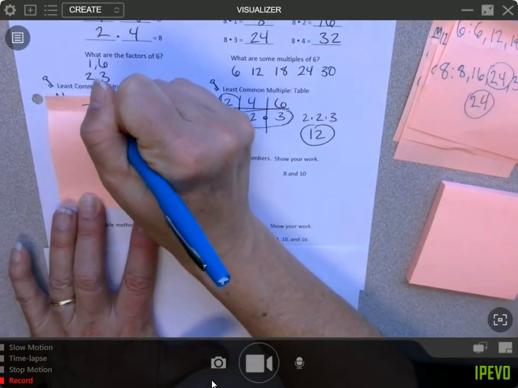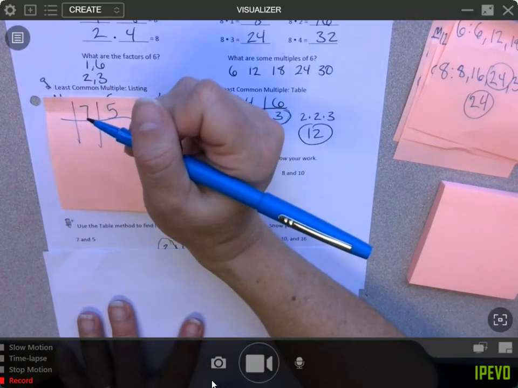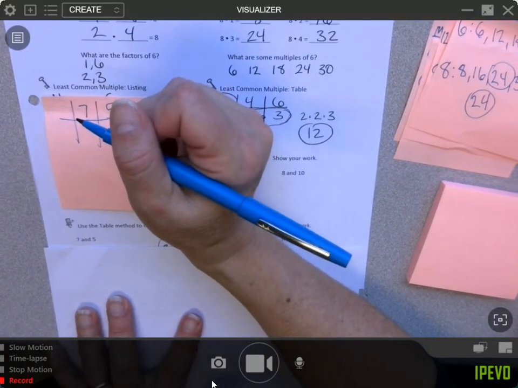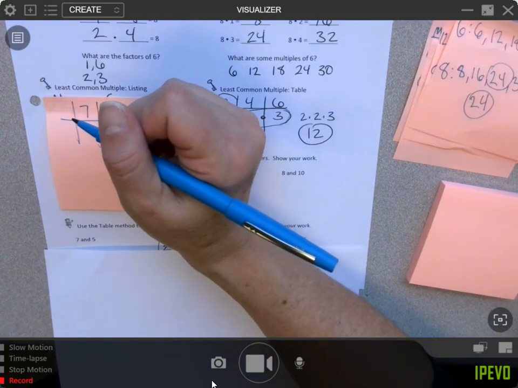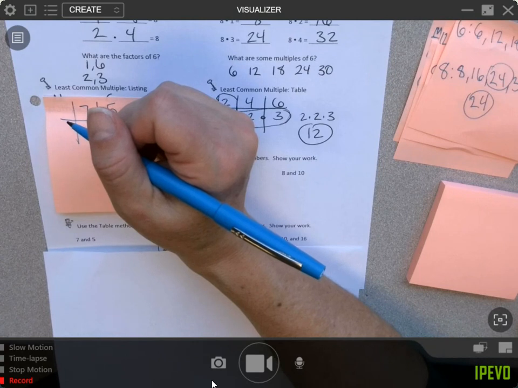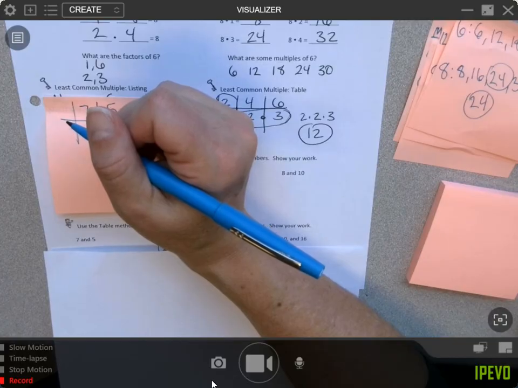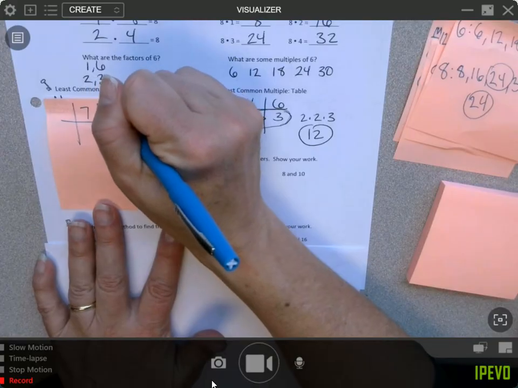So we make that table. What can I pull out for 7 and 5? Is there a number I can pull out? James? No. There's not. So what do you think I do? James? Yeah, that's my bottom row.